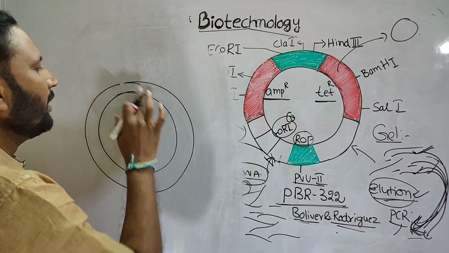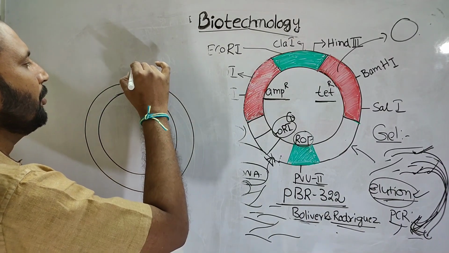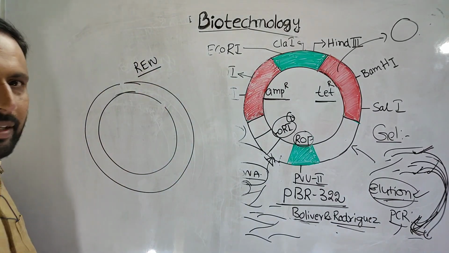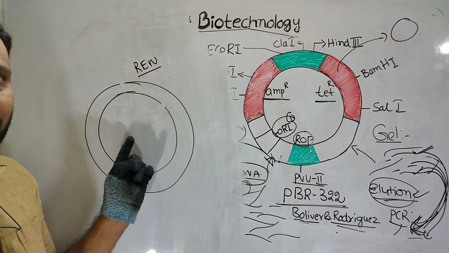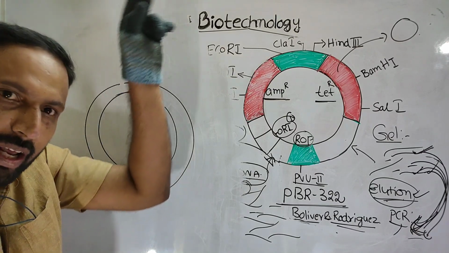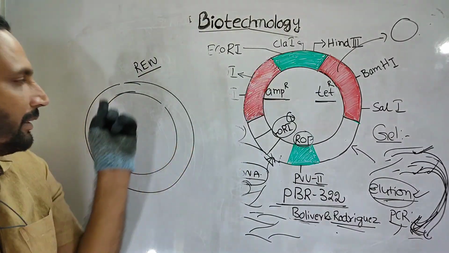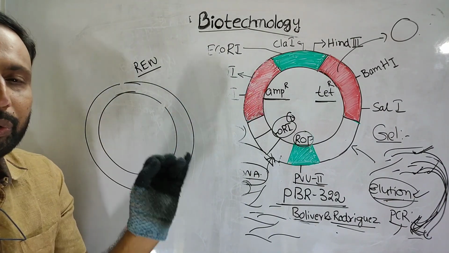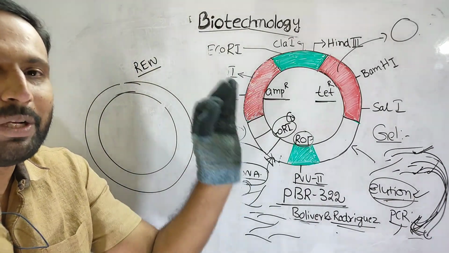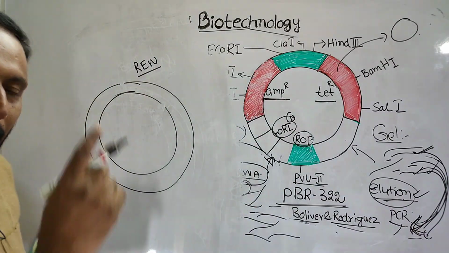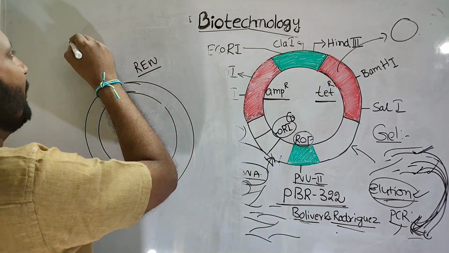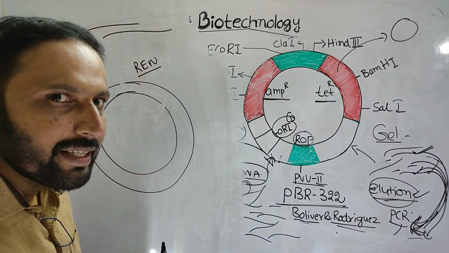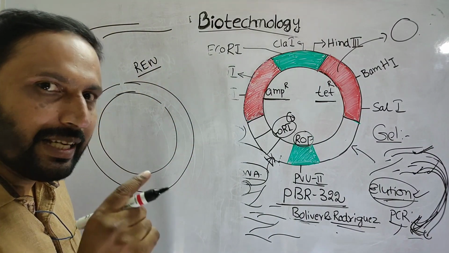A very important point: for isolation of the gene and for the vector, we should use the same restriction endonuclease enzyme. Suppose we already used EcoRI. EcoRI recognizes the GAATTC site and cuts between the G and A.